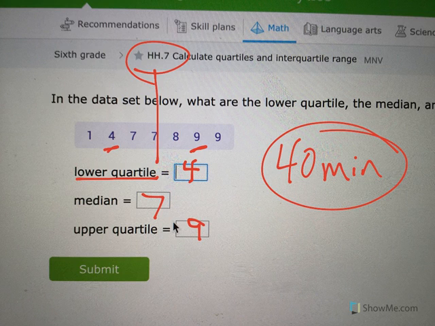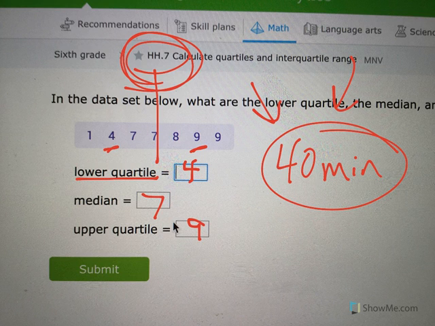Tomorrow, if you really understand this, do anything you want in HH or GG to challenge yourself. Maybe you want to do HH5, or you've never done HH4. Try anything else, but remember, the key to getting all points is to do 40 minutes. And for sure you're going to start with HH7.